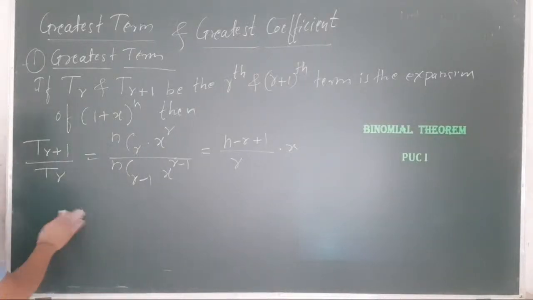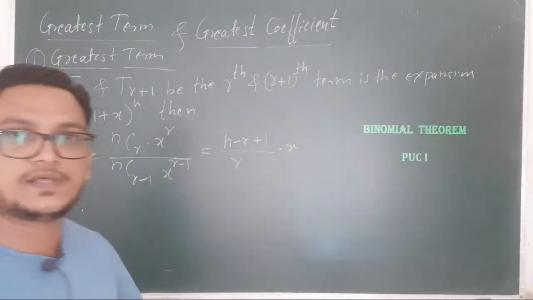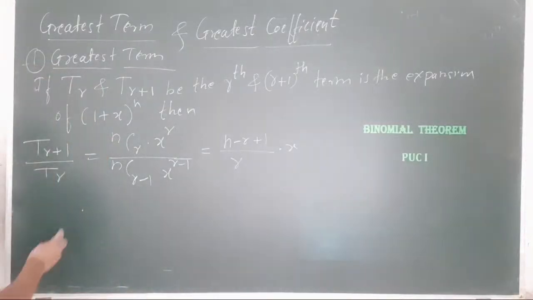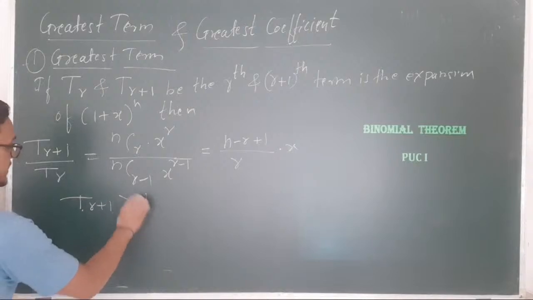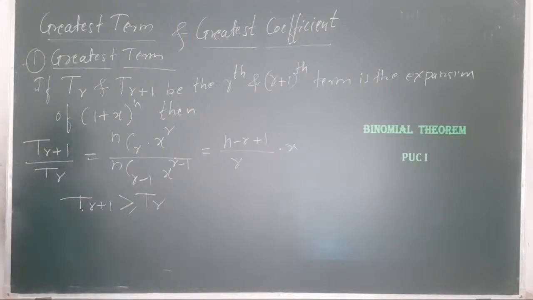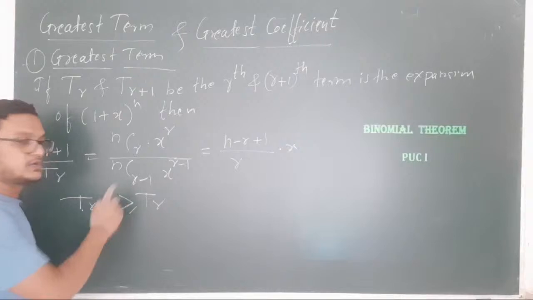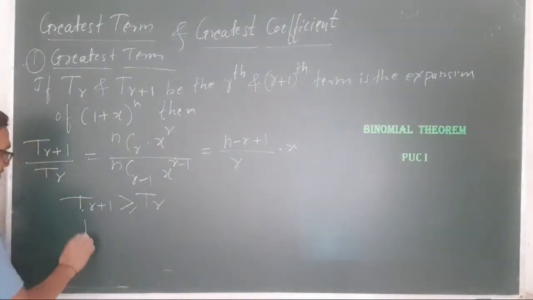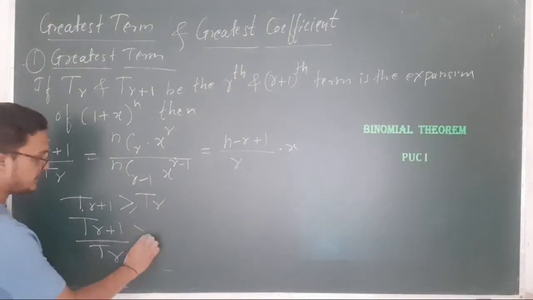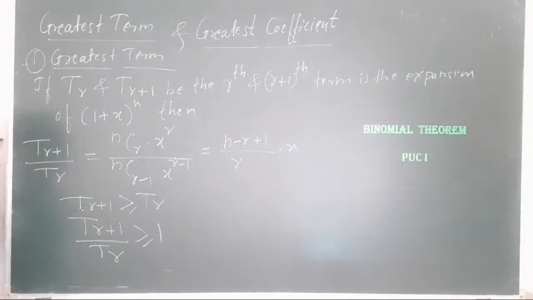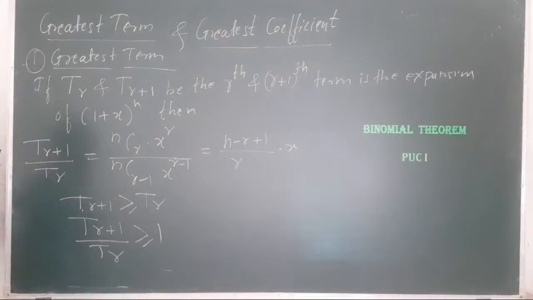Okay, and see, in this tr plus 1 upon tr, always this tr plus 1 is greater than or equals to tr. Otherwise you can write this as tr plus 1 upon tr is greater than or equals to 1.